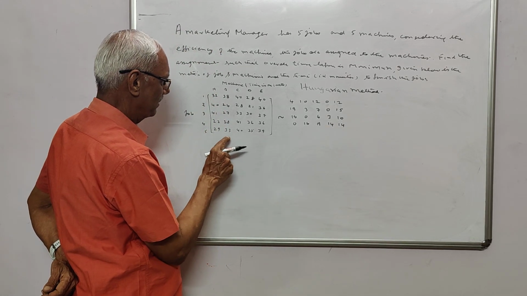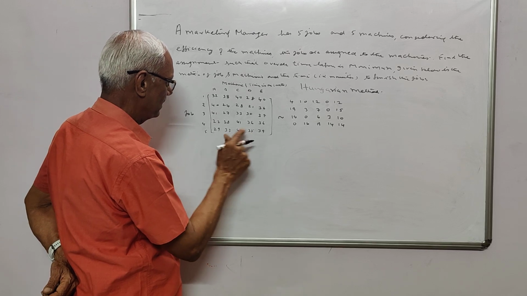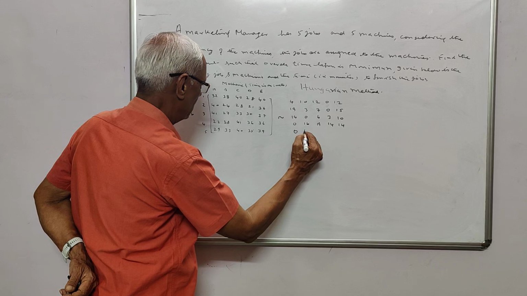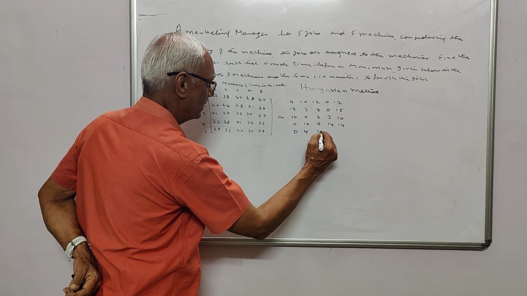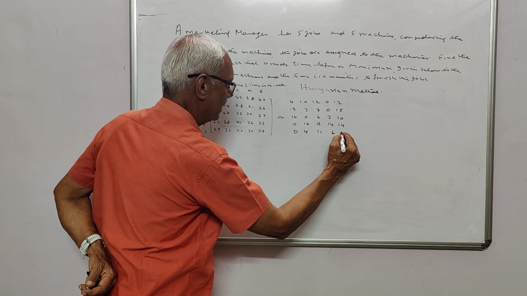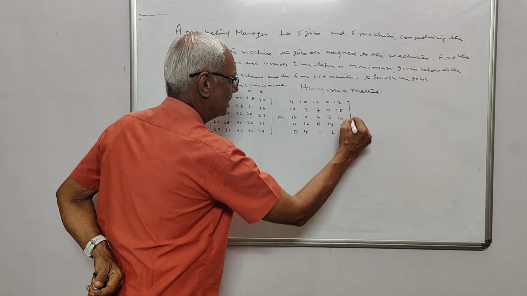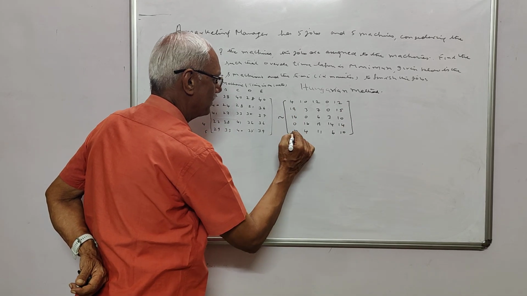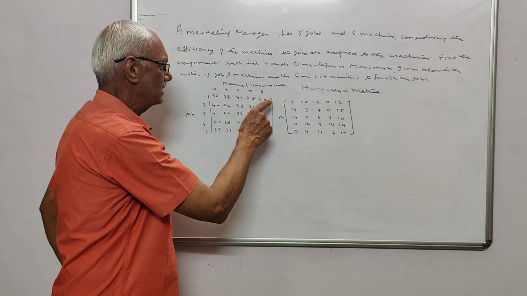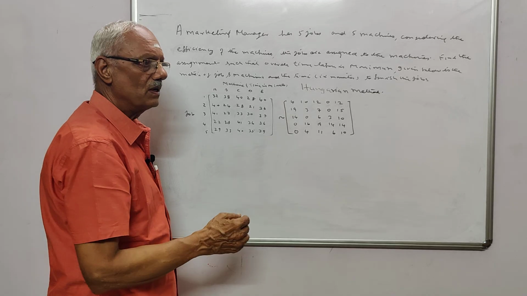Come to this. Here the minimum is 29. So 29 plus 4 is 33. It is 11. It is 6. It is 29 plus 10. So I have chosen the minimum, and I have subtracted from every element.